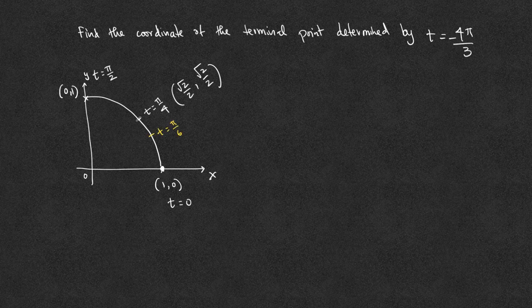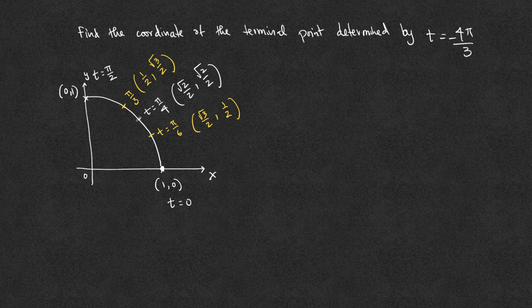It has the coordinate root 3 over 2, comma 1/2. And twice of pi over 6 is 2 pi over 6, which is pi over 3. At that point, it has the coordinate x equals 1/2 and y is root 3 over 2.